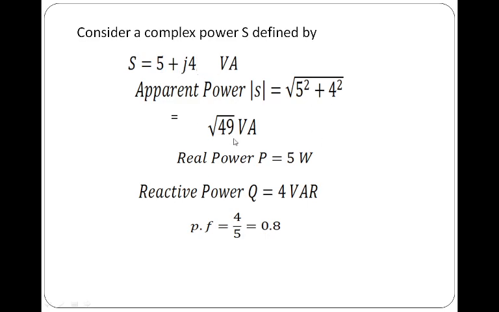So that's 41. We just decided to leave it this way, but we know we should simplify further. Real power here will just be the real part, which is 5 watts. The imaginary part here will be the reactive power, which is 4 VAR.